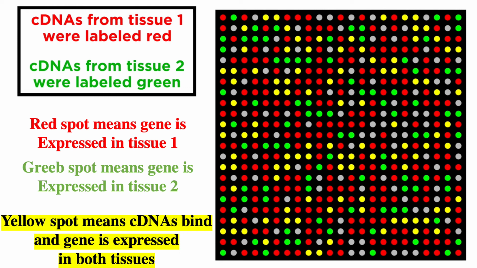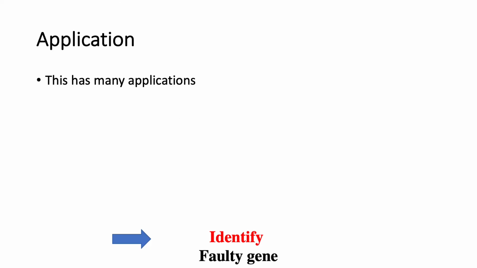If we see yellow color, it means both red and green cDNAs are binding. So we see the intermediate yellow color indicating that the gene is being expressed in both tissues. And if we see little to no coloring, the gene is not expressed in either tissue and no binding will occur. This technique is immensely useful in a variety of contexts.